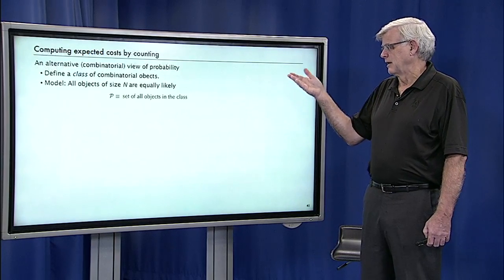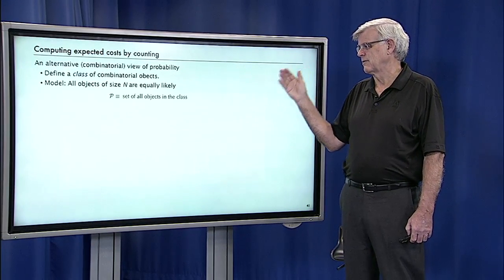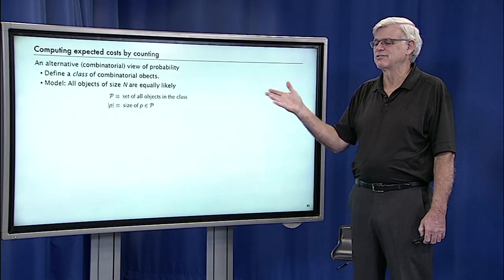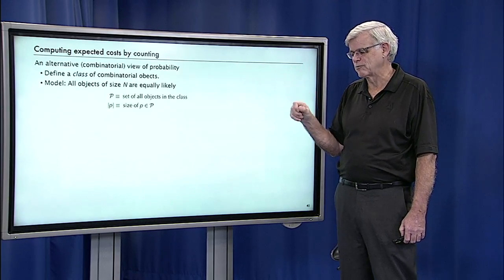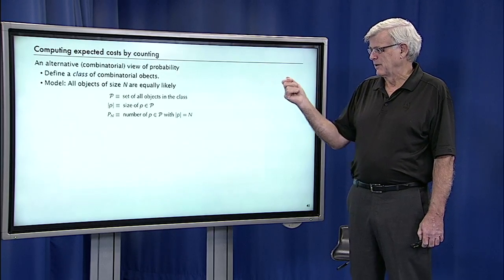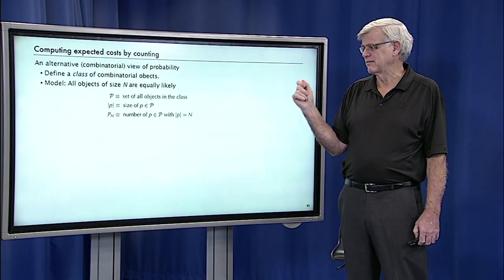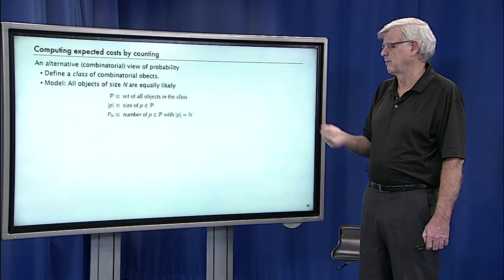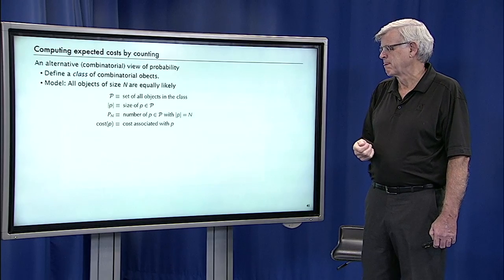So let's look at how the calculations look when we're trying to find the value of a parameter. Let's say the set of all objects in the class is P, and then we have a size function, which for every object in the class gives a defined size. Then we have the counting function, the number of objects that have size n. That's what we've been talking about up to this point.